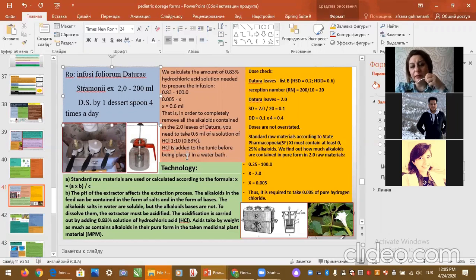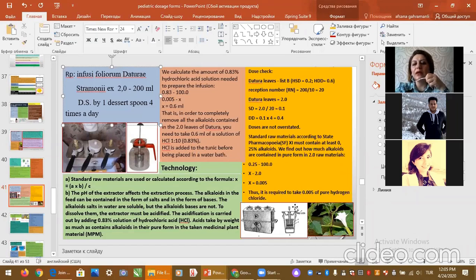I must remind you that the proportion of hydrochloric acid is 1 to 10, only not less and not more than 0.83%. And how do we do the dose check? For Datura leaves, we must check the dose of alkaloids, because Datura stramonium contains 25% of alkaloids.